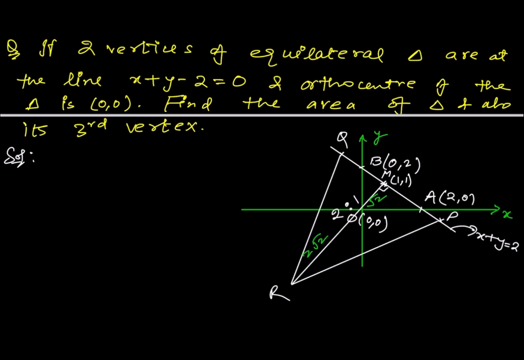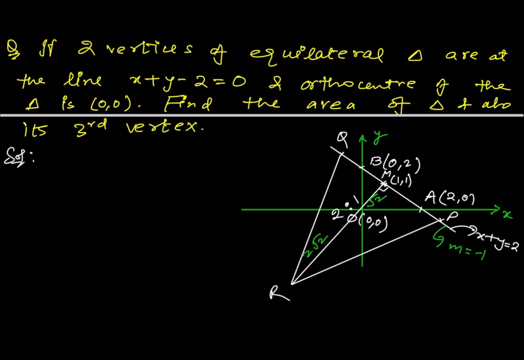So now I have the distance RM and the point M, and also the slope of RM, because I know the slope of AB or PQ, which is -1.